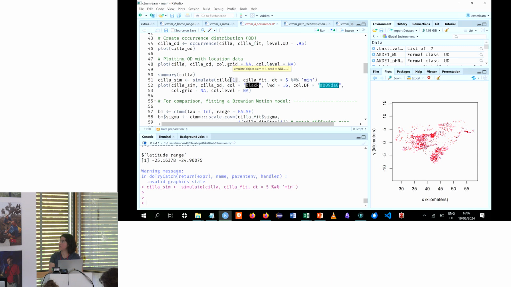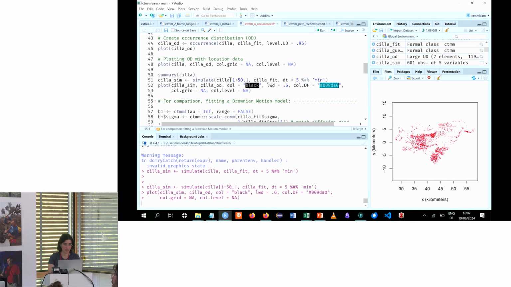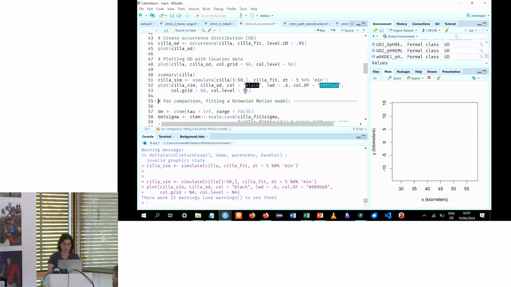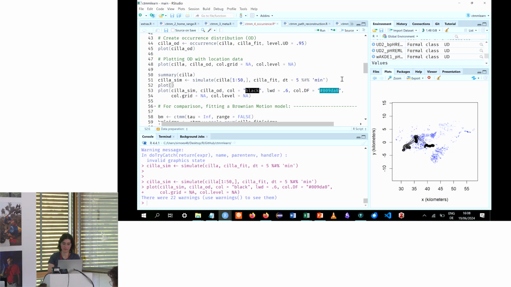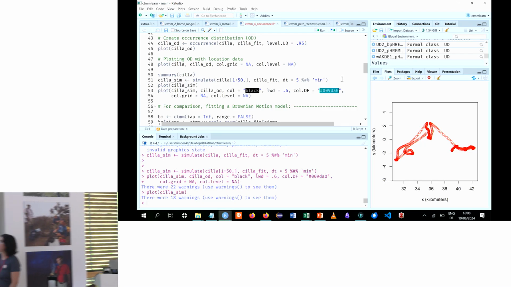It might be easier because I don't need to run the whole thing. I'm just going to subset it so it can plot faster, just the first 50 points. So it's essentially all the 5-minute-apart points being simulated.